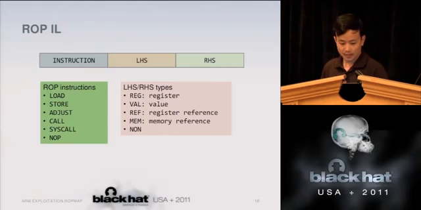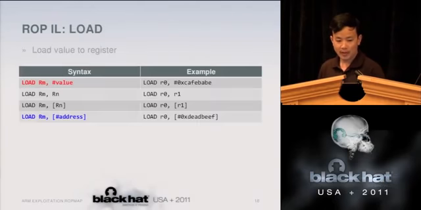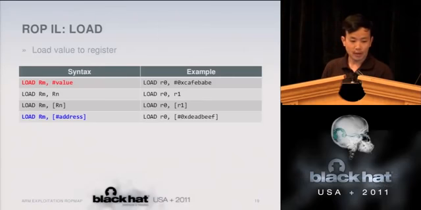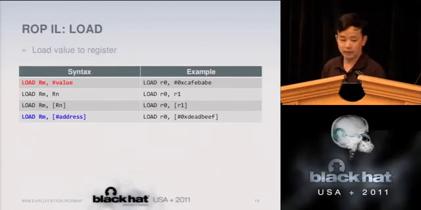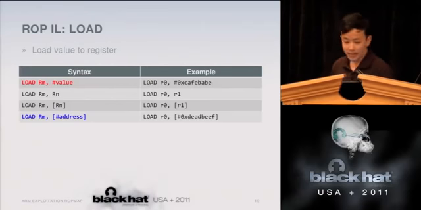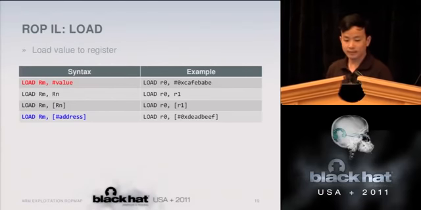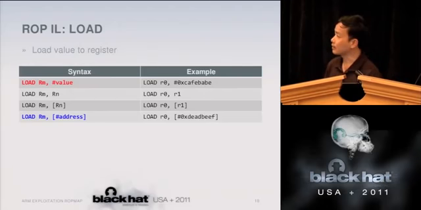I will show some use of the instructions in detail. The first instruction and the most commonly used is load. To load a value to a register, the left-hand side must be a register, and the right-hand side can be any type. For example, load register 0 with the value 0xcafebabe.